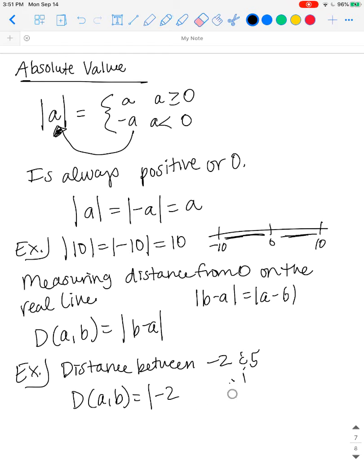Just forget this. Real quick, let's start again. So -2 minus 5, not -5. So we do minus a positive, so that's -7, and the absolute value equals 7. Okay, so that's it for this section.